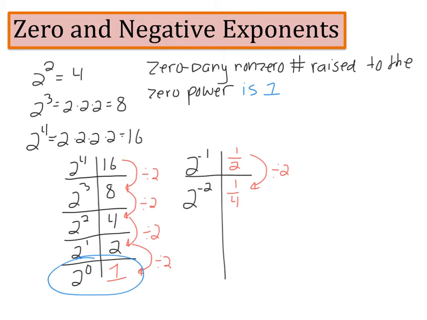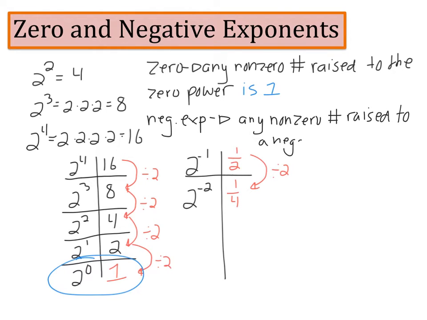Now, if we have a negative exponent, that tells us that any non-zero number that's raised to a negative exponent is going to be the number 1 over whatever that number was raised to the opposite exponent.